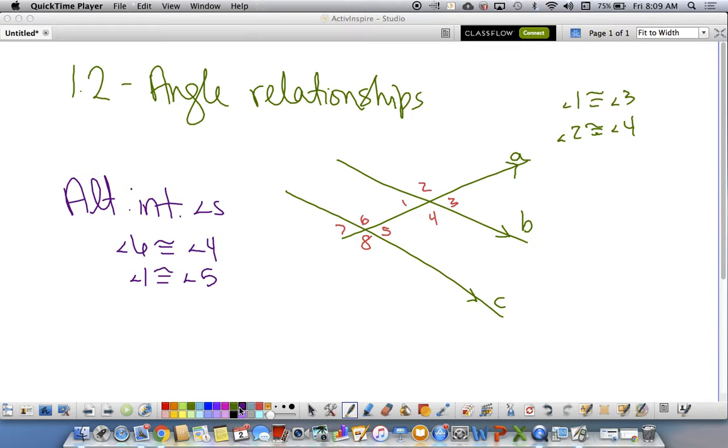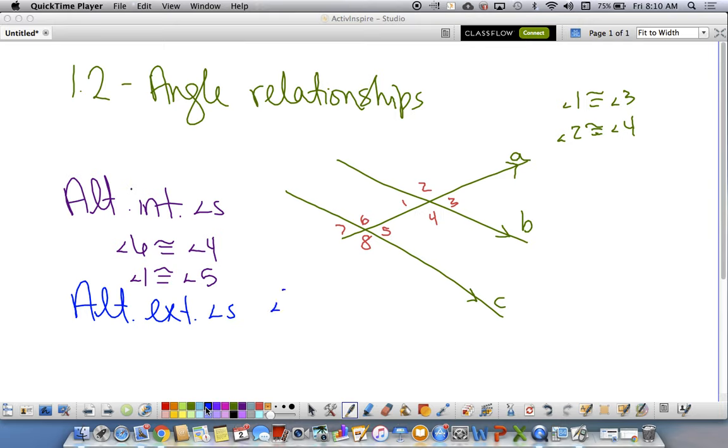Next one, alternate exterior angles. Let's start writing smaller. What's a pair of alternate exterior angles? Haley. Angle 2 and angle 7 or 3 and 7. Okay.